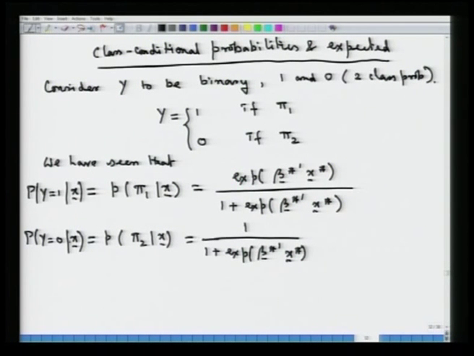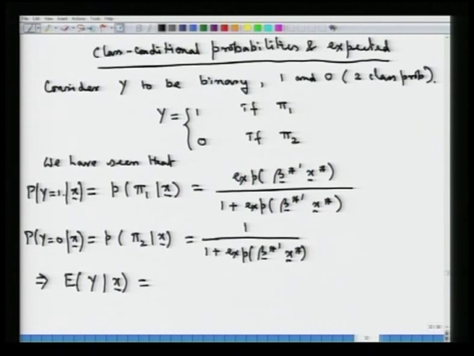So, if we have got these two as the conditional probability masses of y taking the value 1 and y taking the value 0, this would imply that if we look at the conditional expectation of y given x, what is that going to be equal to?